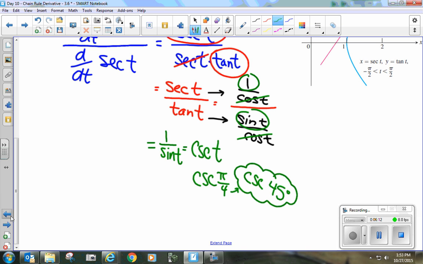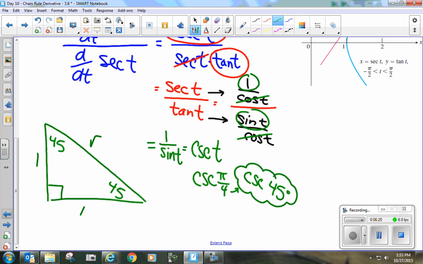So, if I draw a 45, 45, 90 triangle, 45, 45. Some people memorize these denominators, but if you know the triangles, then you don't have to. 1, 1, radical 2. So I'm going to find the cosecant of this angle here. Well, this is opposite. This is adjacent. This is hypotenuse.